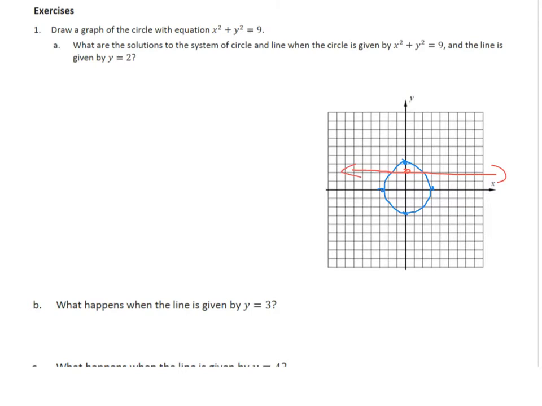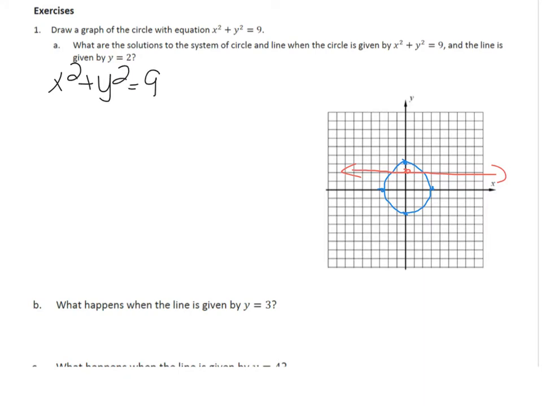Now they ask us for the solutions to the system. So we plug in y is equal to 2. Since we know y, we just need to solve for x. So we have x squared plus y squared is equal to 9.